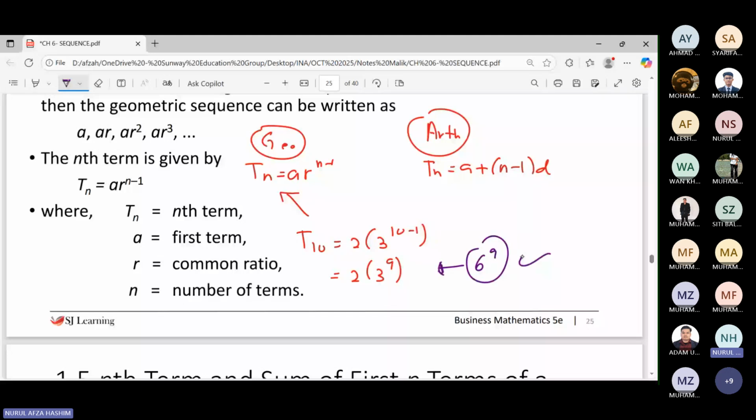Because the 9 belongs to 3 only. You don't multiply 3 with 2. If you multiply 2 times 3, you're going to be wrong. Even though they don't put the bracket here, you have to remember n minus 1 belongs only to r. You have to be careful. Okay, that is the term in geometric.